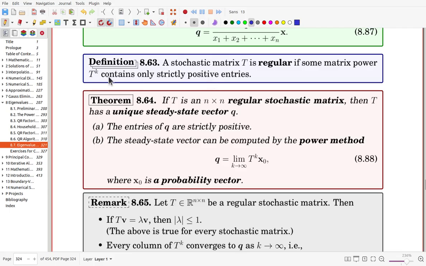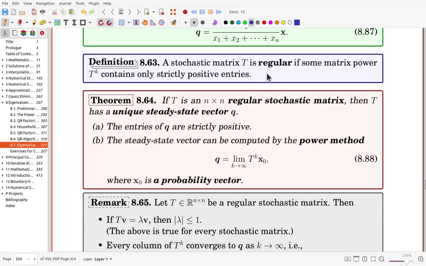In some power, every entry is positive, then later on always positive, so that at some point every entry is positive, then we say it is regular. Okay, rather than T itself, we are using T^k here. The basic idea is around here.